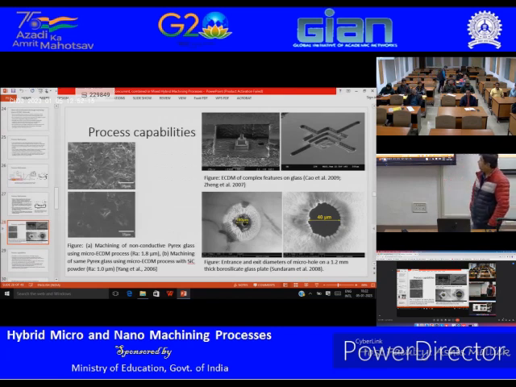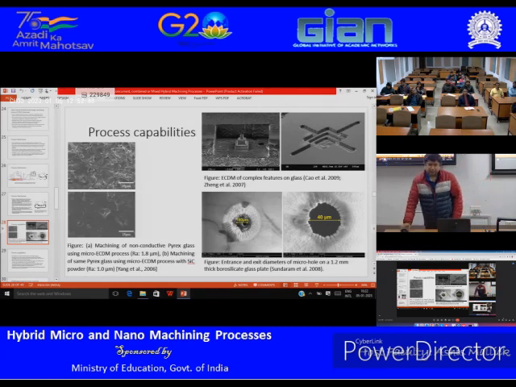So in the ECDM process, some of those are really controlled, some of those are not so much controlled. Here is ECDM machining of complex features on glass. You can see that you can make some pyramids or some micro cavities. Okay, so again for research, this is another suggestion.